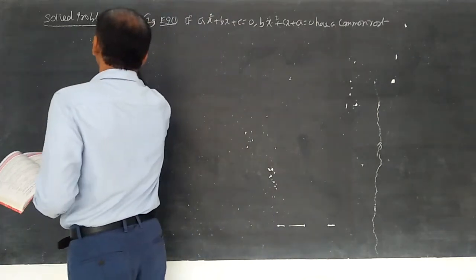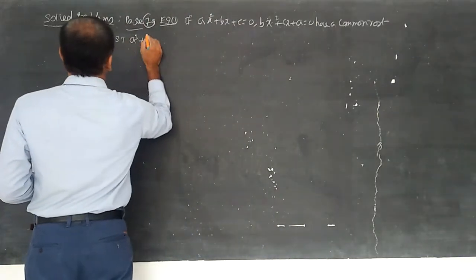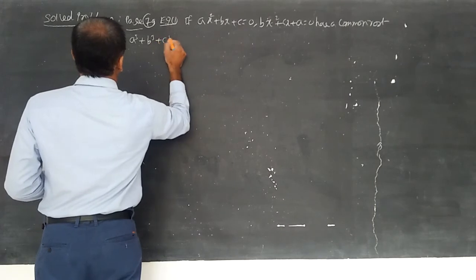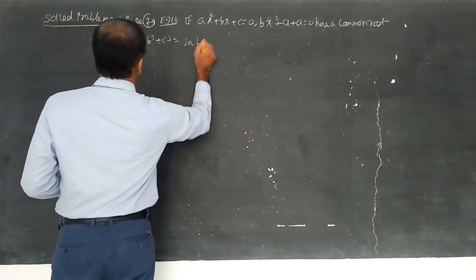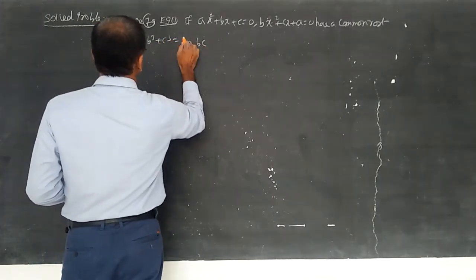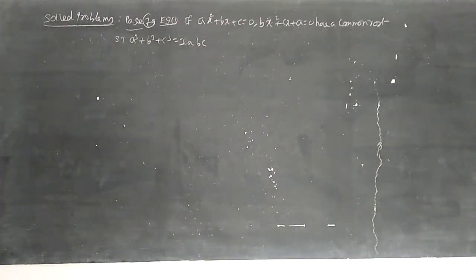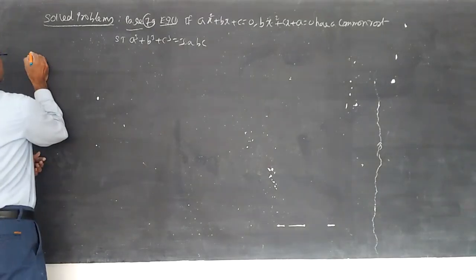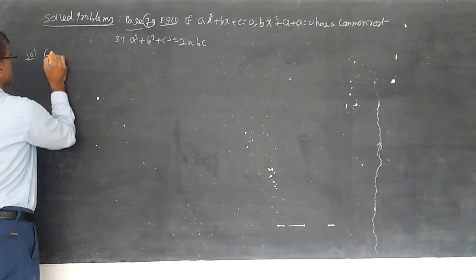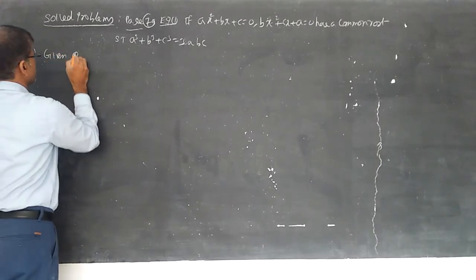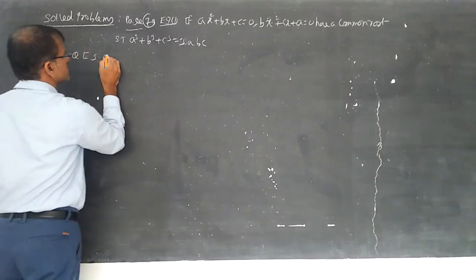Then show that a cube plus b cube plus c cube is equal to 3abc. This is a conceptual question and an objective question also. Solution: given question, I am writing.